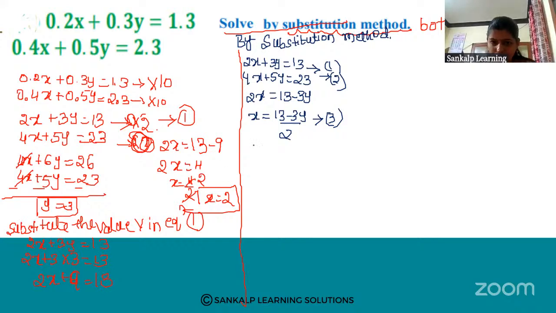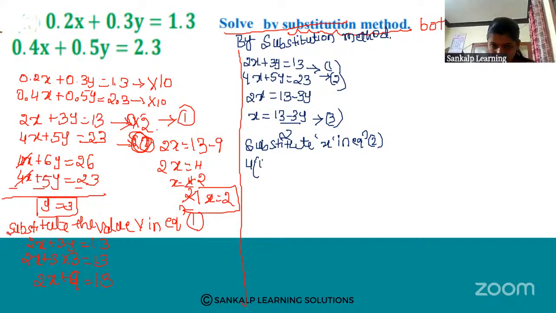Now, substitute the value of x in equation number 2. 4x plus 5y is equal to 23 is equation number 2.